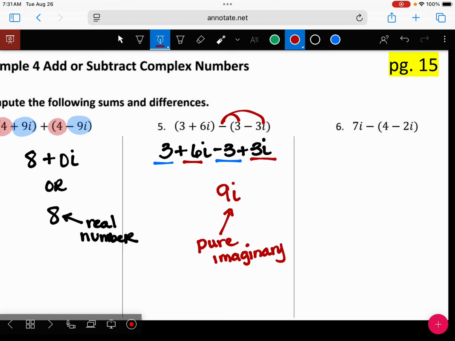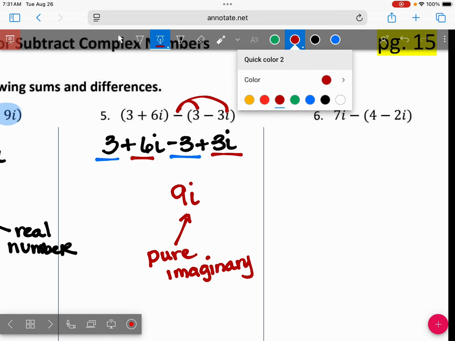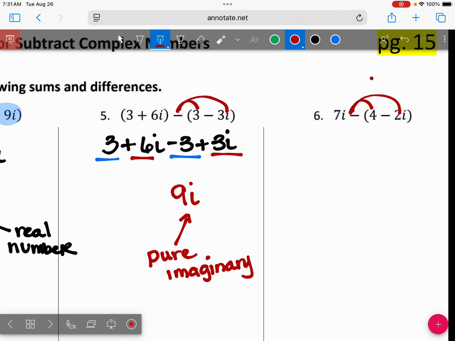All right, last one. Go ahead and distribute the negative. So that would be 7i minus 4 plus 2i. So there's only one real number, so he doesn't have a friend to add to.